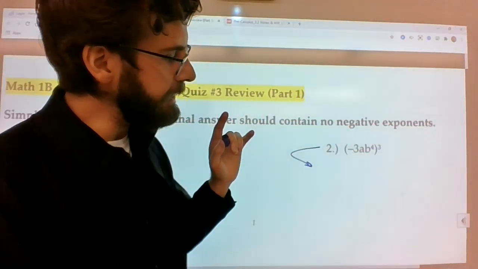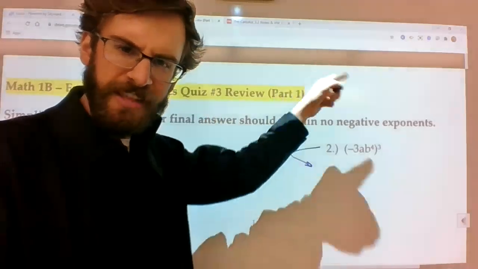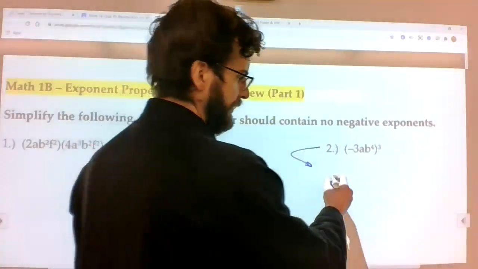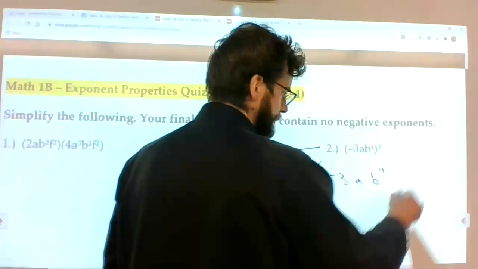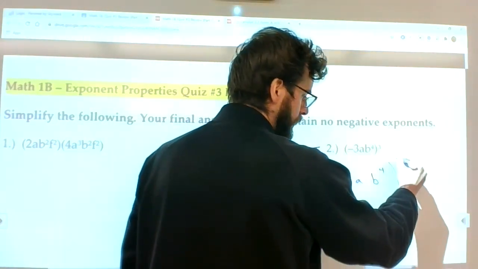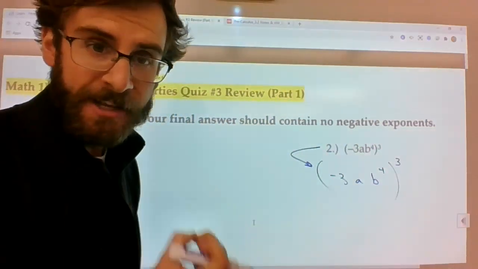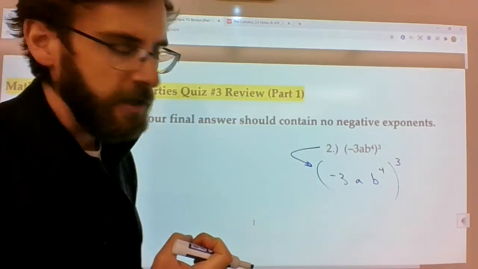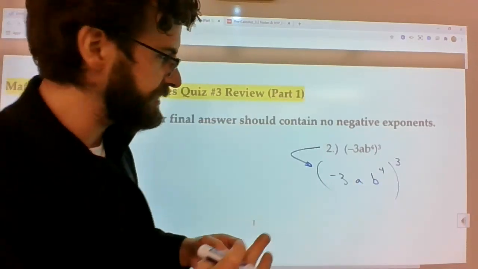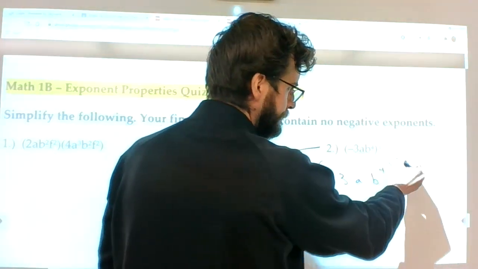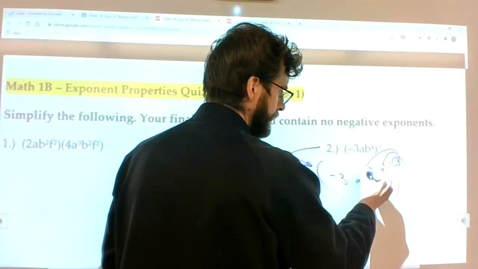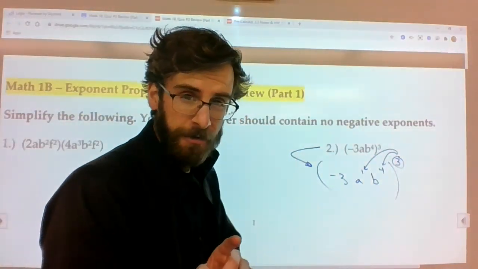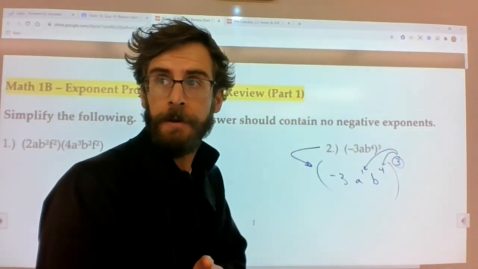So when you had a power on the outside of the parentheses, the idea was to apply that power to every other exponent inside the parentheses. So every other exponent inside the parentheses would be 4, 1 for the a, and then technically the exponent for negative 3 is also 1.